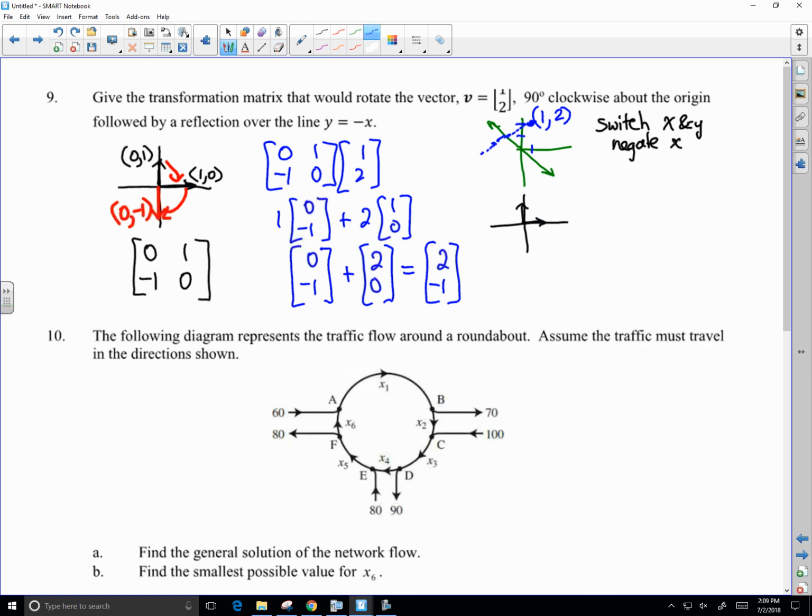Yeah, I still can't do it, even when I have help. So it should be like that. -2, -1, y equals -x. Yeah, something feels wrong.